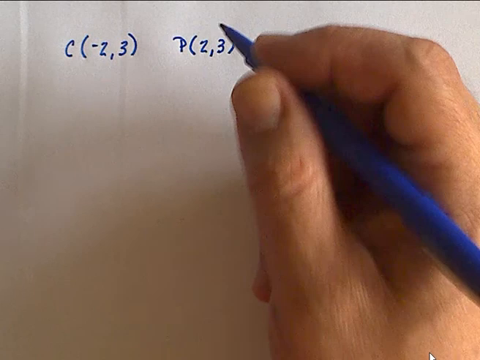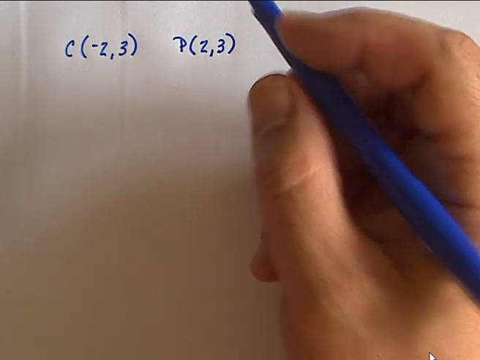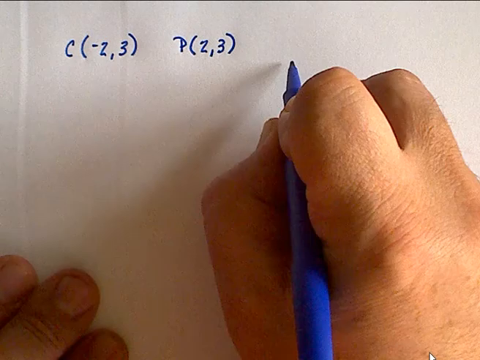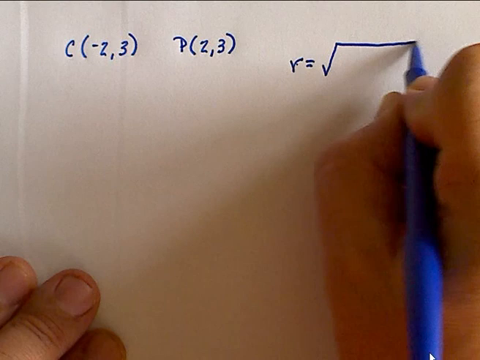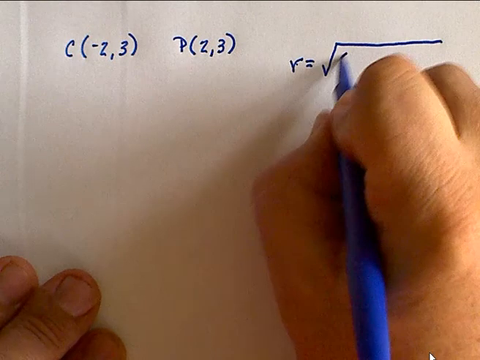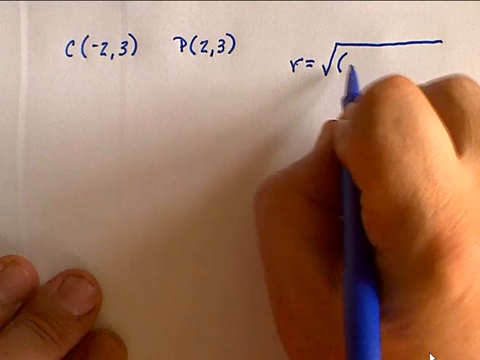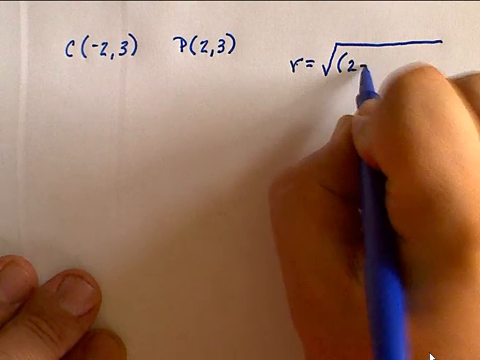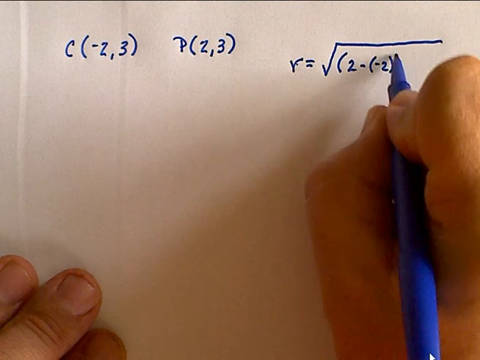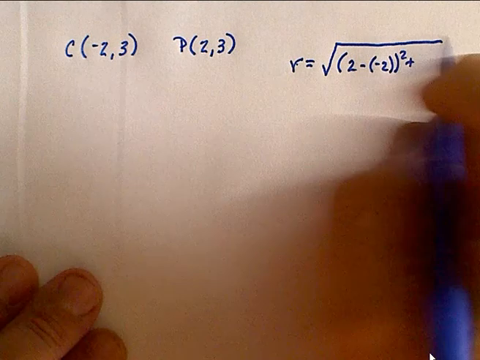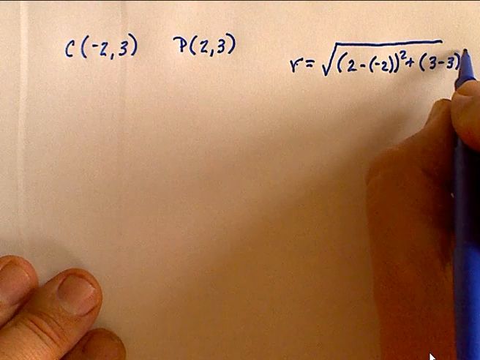And this is where, when I talked about the distance formula a minute ago, this will come into play. So r is going to equal, and it really doesn't matter what order, but I'm going to go from the point to the center. x coordinates: 2 minus -2, squared, and then 3 minus 3, squared.